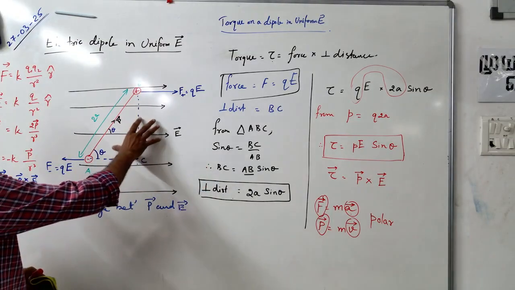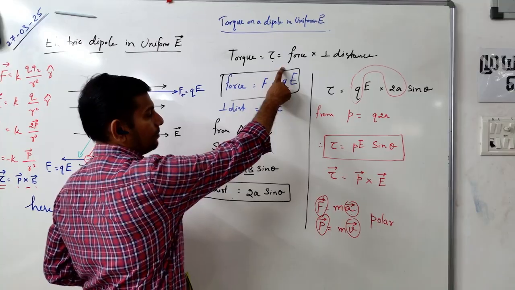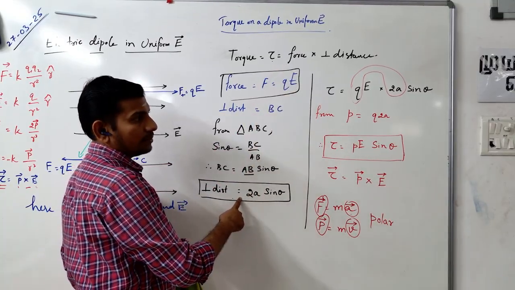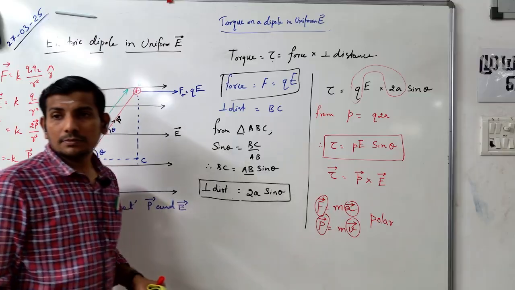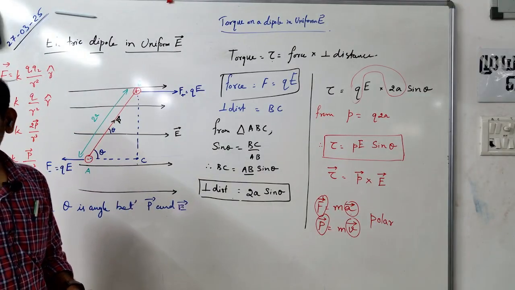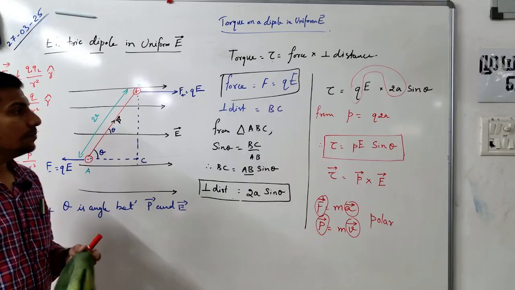You draw the diagram, half mark. Torque is equal to force into perpendicular distance, half mark. Calculating the perpendicular distance, half mark. Final answer, half mark. Got it? Key points. Noted?